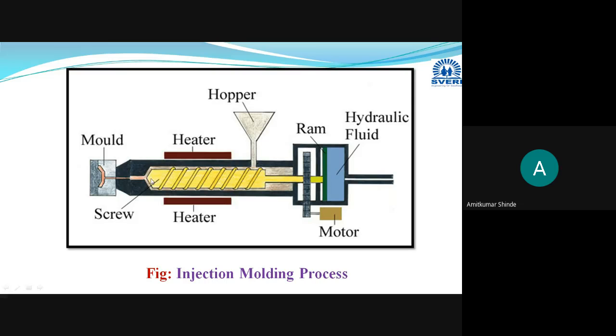The plasticized material is collected in this region, and after that pressure is applied with the help of this ram and motor arrangement, or with some hydraulic fluid. It is injected into the mold cavity, and it acquires the shape of that mold cavity.